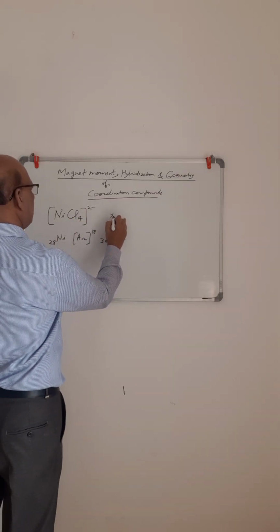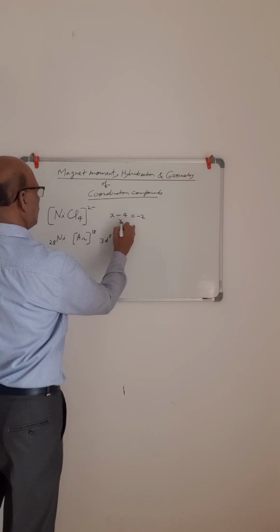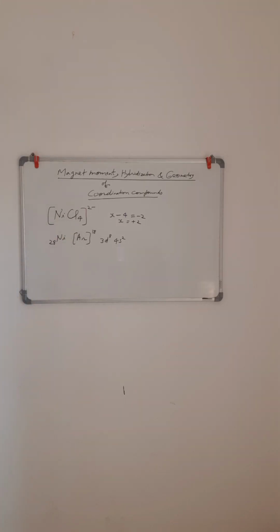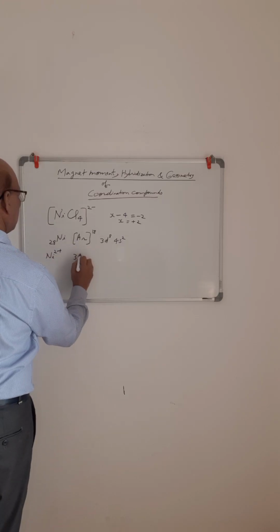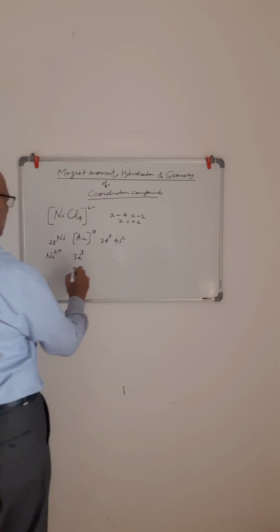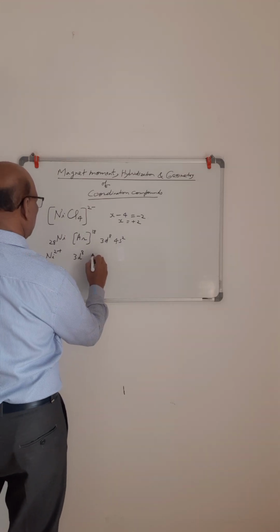So we can determine, say x - 4 equal to -2, so x equal to +2. So nickel is present in +2 oxidation state, so I will write the configuration of nickel 2+, so that will be 3d8.